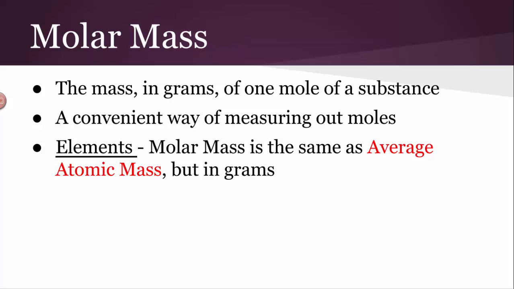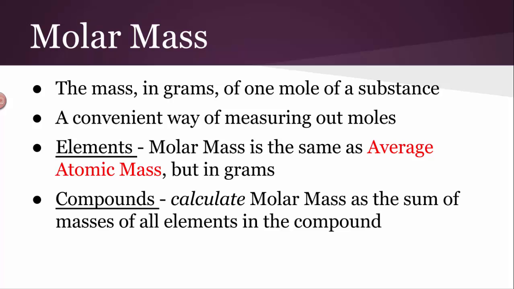The mass of a mole of bromine, just the bromine atoms, is 79.904 grams. Now, to make things even easier, we always round to 1 decimal place. So neon would be 20.2 grams per mole. Bromine would be 79.9 grams per mole. Zinc would be 65.4 grams per mole.